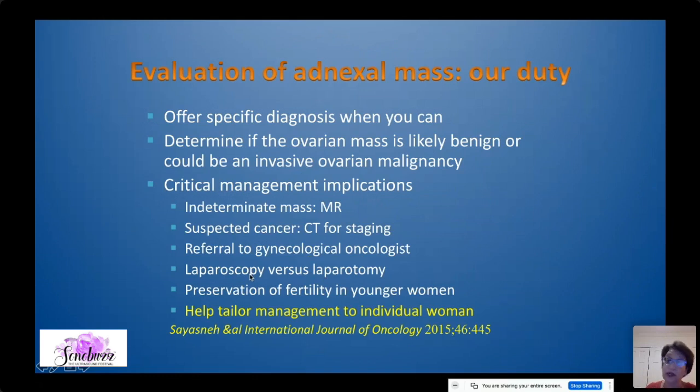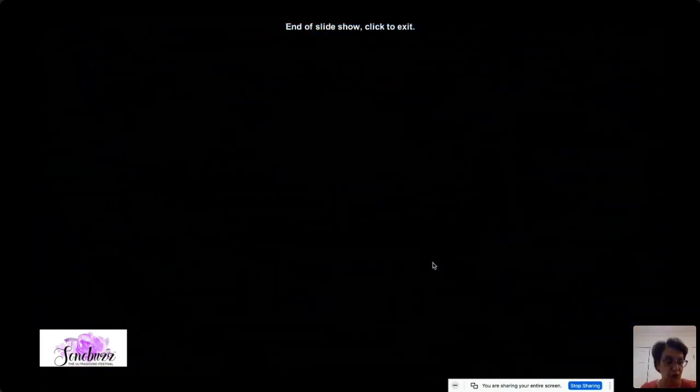If you think it's an ovarian cancer, obviously the patient will need to be referred to a tertiary center to undergo laparotomy. And also think about the possibility of preserving fertility in younger women. So our role is really to help tailor management to the individual woman, and that's what we need to put in our report.